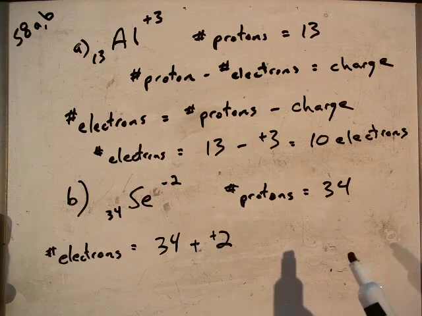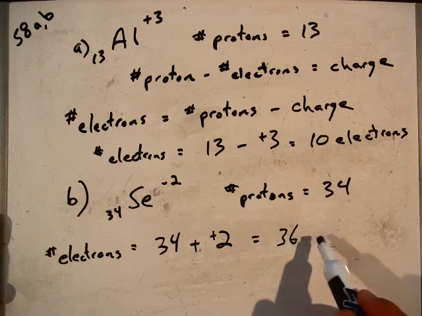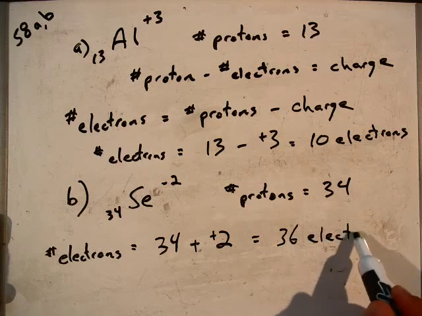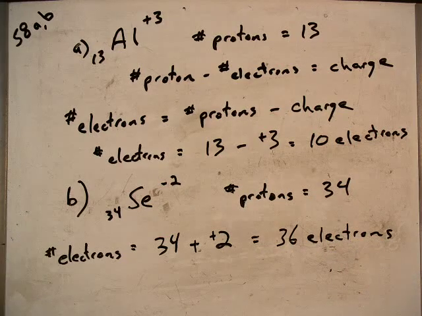So those turn into an addition, and so now we have 36 electrons. Since we have 2 electrons more than the number of protons, that is why selenium has a minus 2 charge, since electrons are negative.